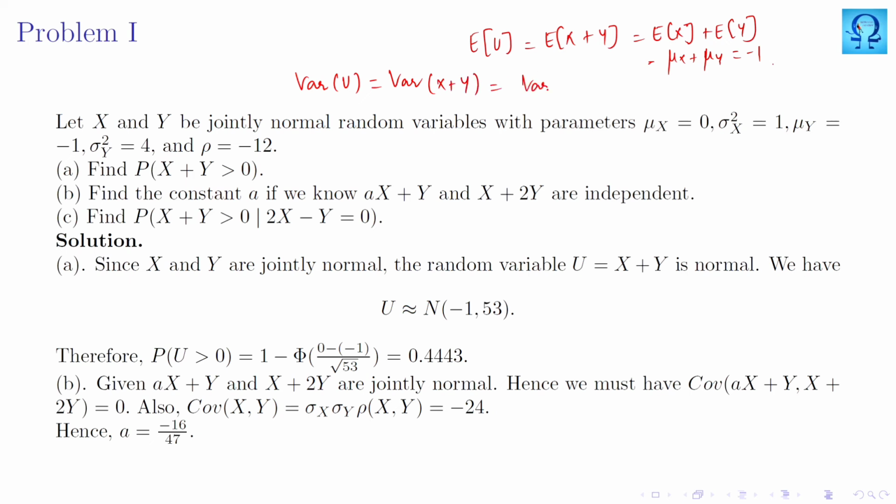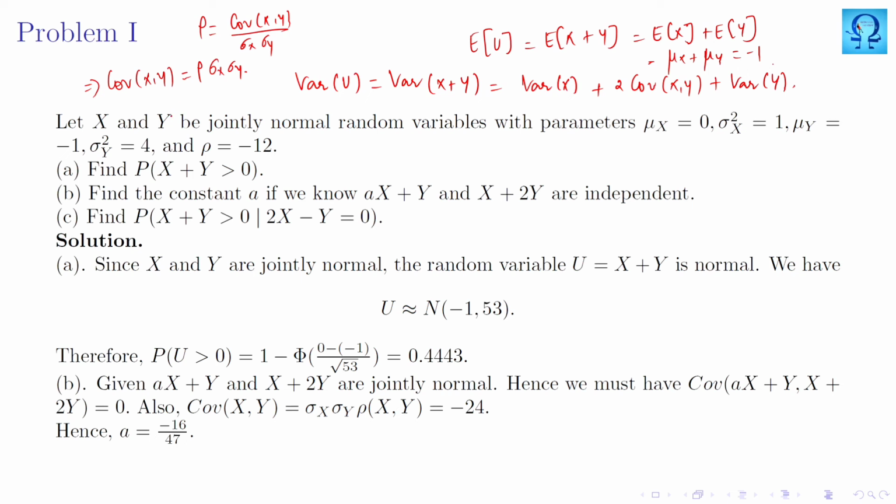That is nothing but variance of x plus 2 times covariance of x comma y plus variance of y. We know that rho is covariance of x comma y upon sigma x sigma y. If we need covariance, it is rho times sigma x sigma y, right?